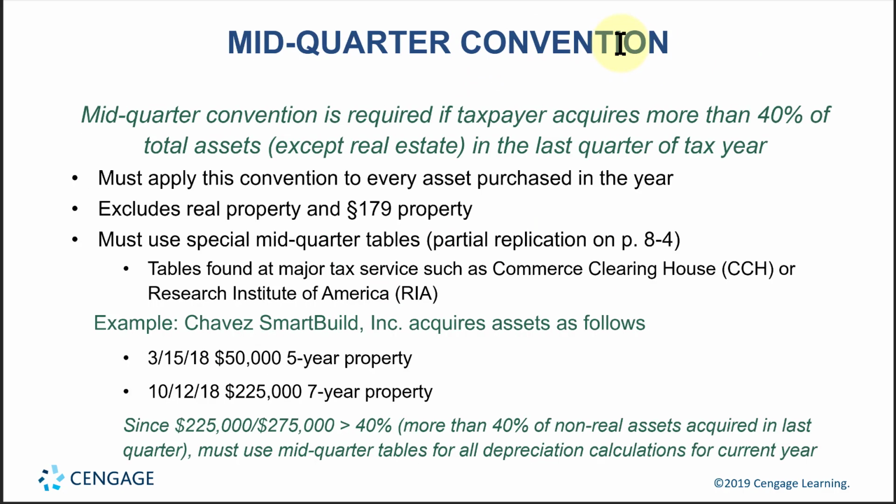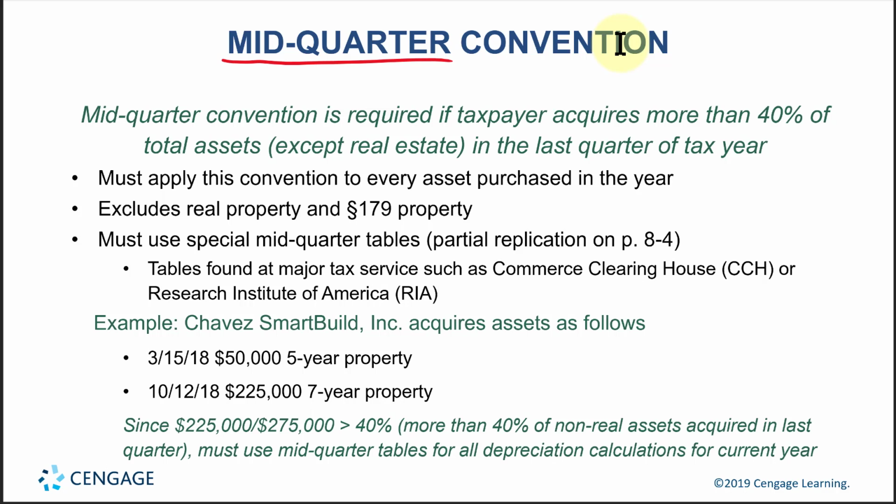Now, the other method of calculating depreciation in the first and last year is called mid-quarter versus the half year we just looked at. Again, half year is default. Half year is the automatic, unless you have to use this mid-quarter.